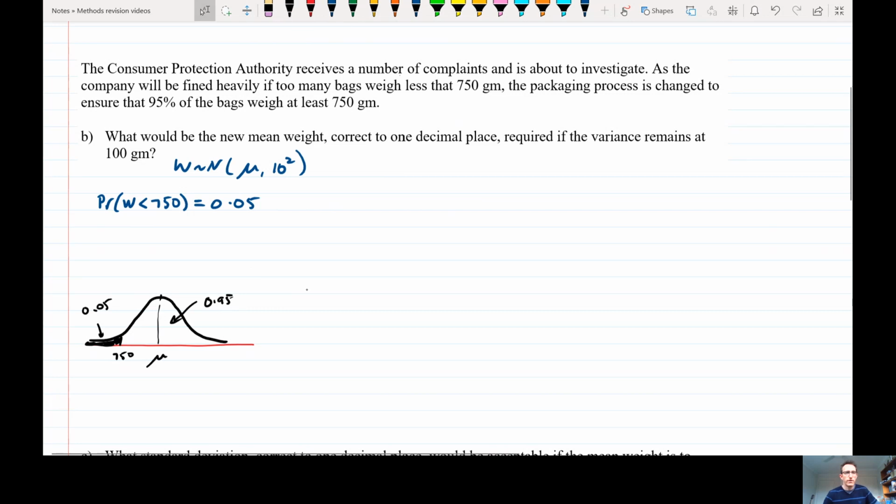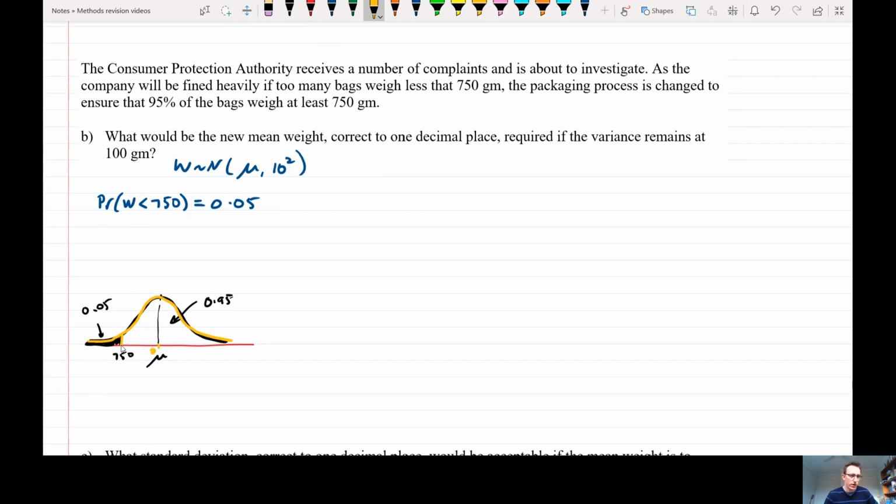Now we are not able to find the value for mu. We can't undo it using this distribution, but we do know that I can, over the top of that, lay a Z curve, standard normal curve, where the mean we know is 0 and standard deviation is 1.